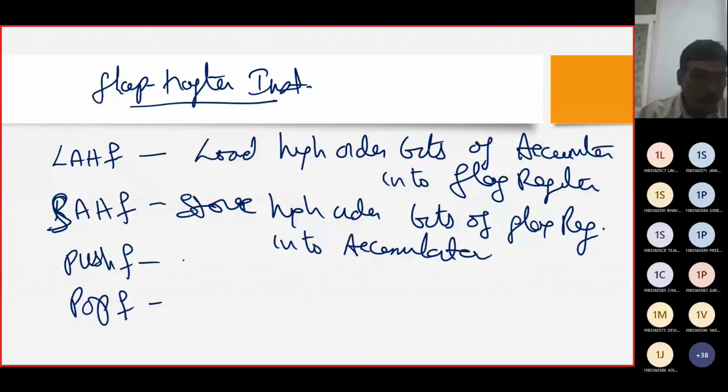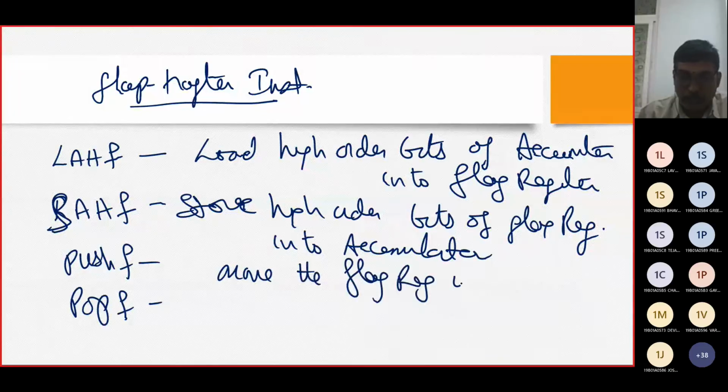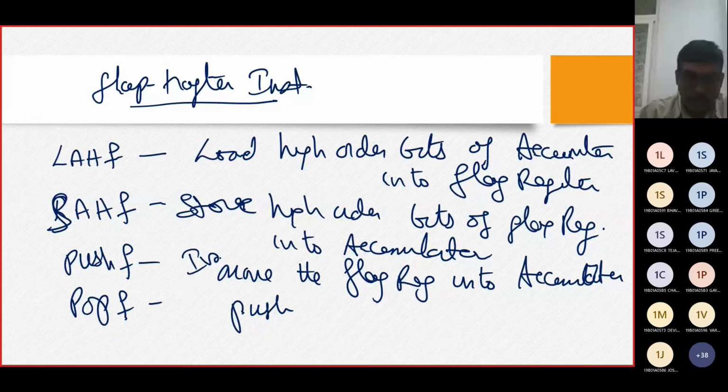When we talk about push flag, I will discuss in detail. Push flag means move the flag register onto the stack, or I can say insert.